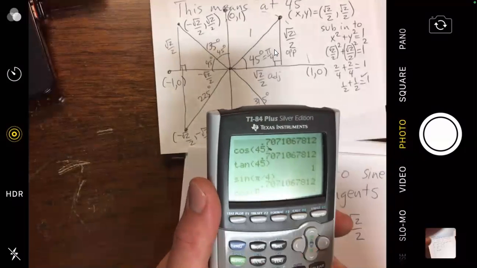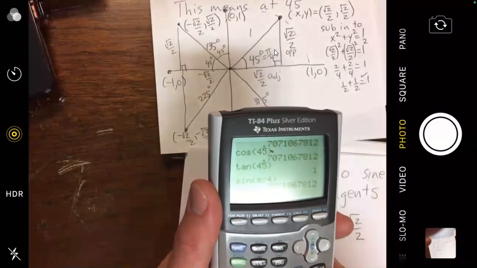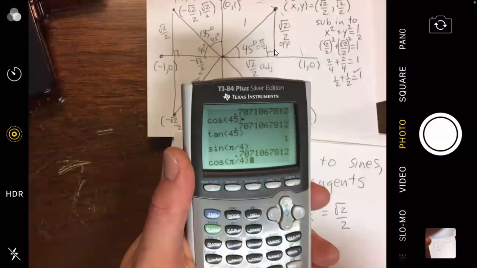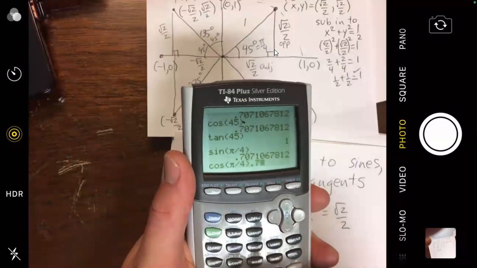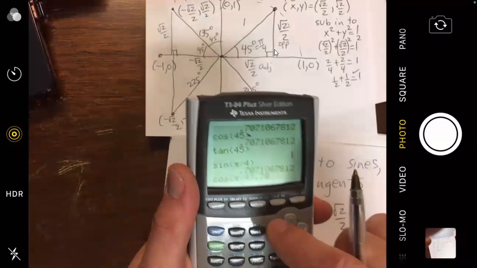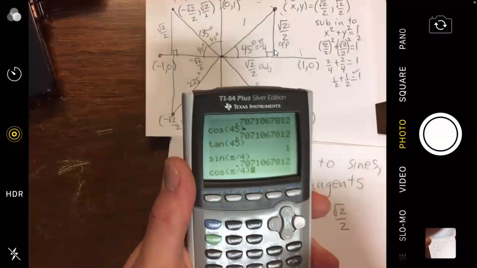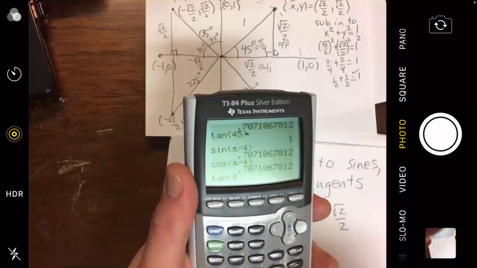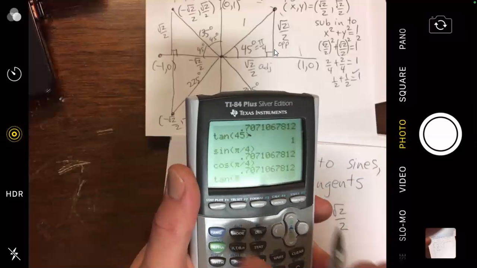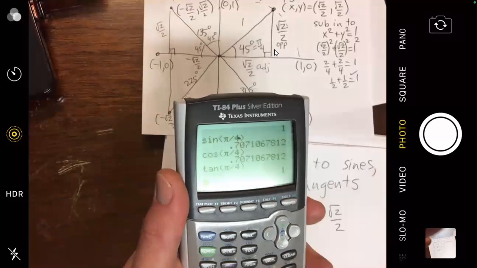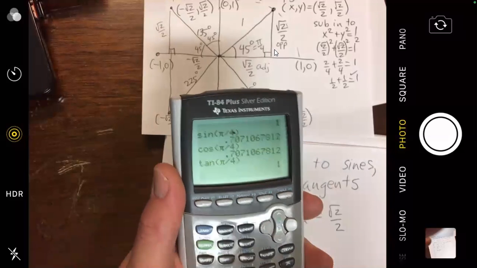Cosine pi divided by 4, hit enter and I'll get 0.7071. Tangent pi divided by 4, 1. Because in radian mode, it's taken pi over 4 to be in radians.